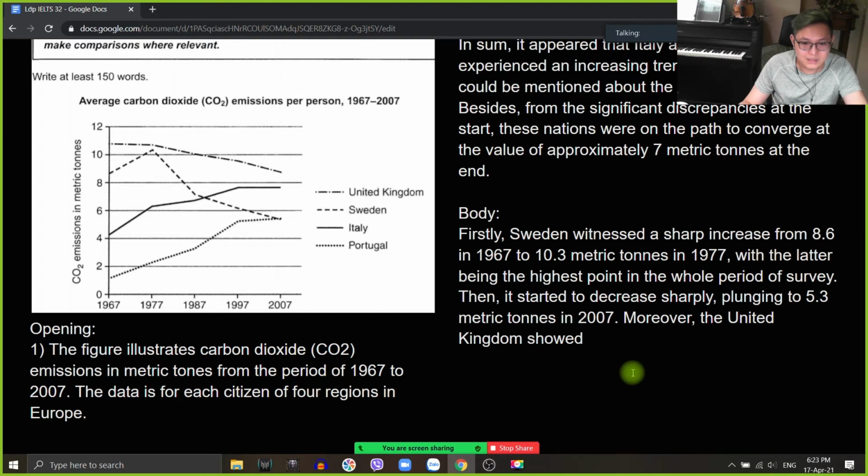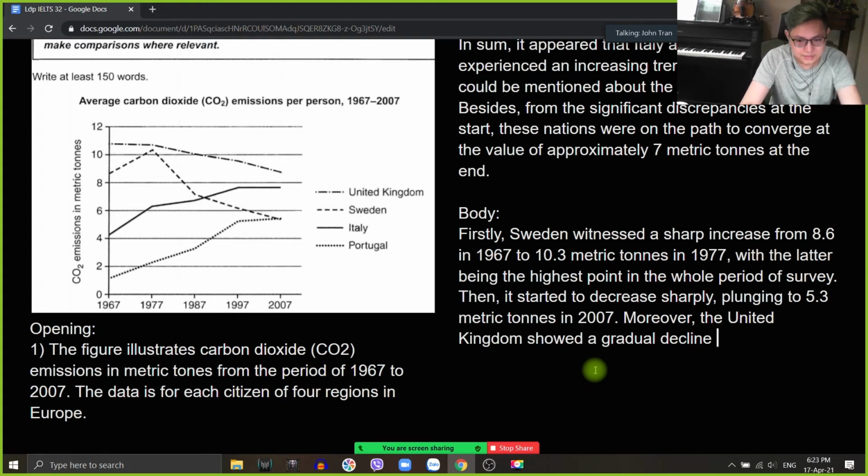Slowly decrease. It's a gradual decrease. Nó là một cái sự giảm mà từ từ. Show a gradual decline. Decline, sorry. It's a noun, decline. Danh từ decline.